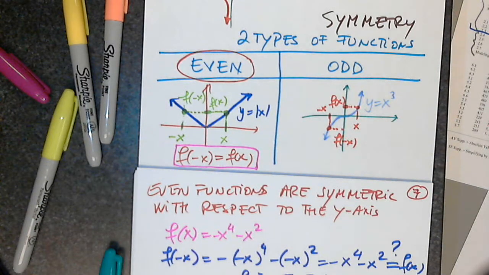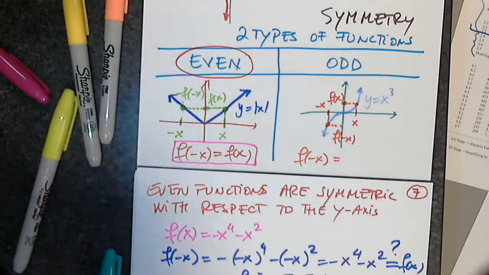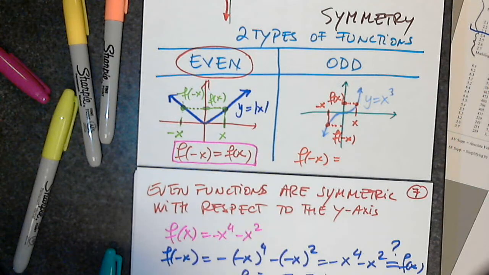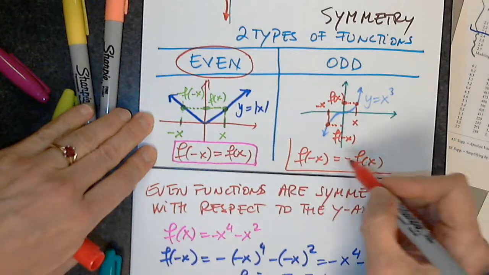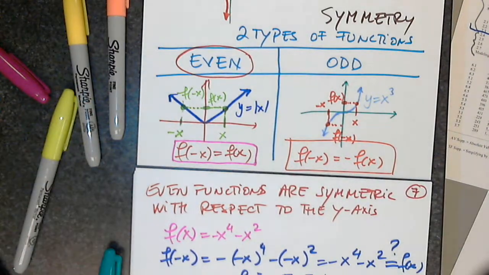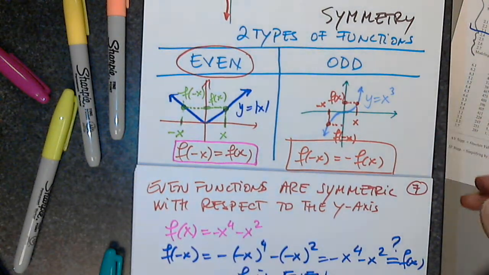Negative to each other. So they are opposites of each other, right? So then I will say that f of negative x must equal not f of x, but negative f of x. That's it. And then the function will be symmetric with respect to the x-axis. There is no function symmetric with respect to the x-axis.